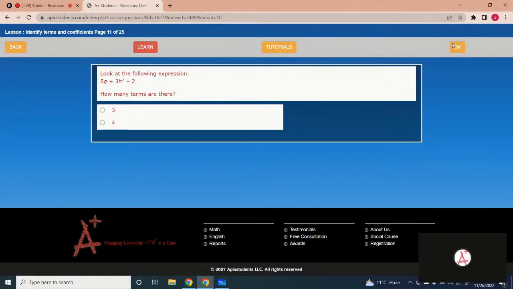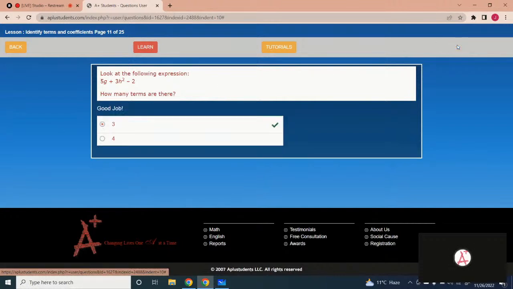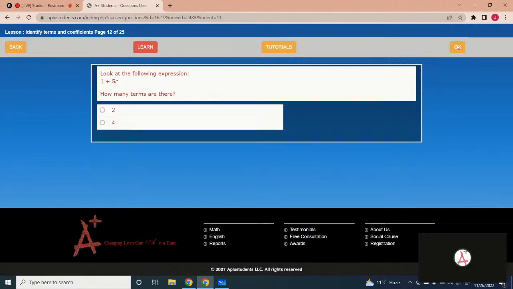So how many terms do you have? You have three terms here. Got it? Select the correct option and click on the OK button. Look at the following expression. How many terms are there? So you have two terms, 1 and 5.